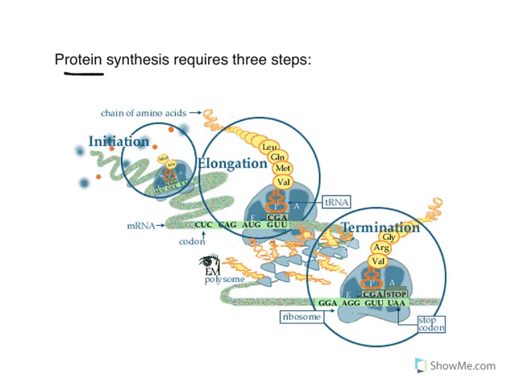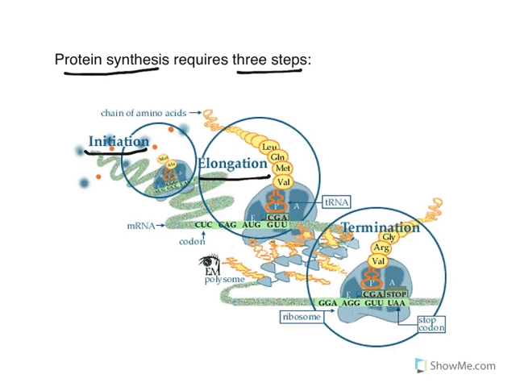Protein synthesis requires 3 steps. Initiation, when the mRNA binds to the smaller unit of 2 ribosomal units. Every gene will start with the initiator codon AUG, which codes for the amino acid methionine. Elongation, where the polypeptide chain lengthens 1 amino acid at a time. 2 tRNAs can be at the ribosomes at one time.